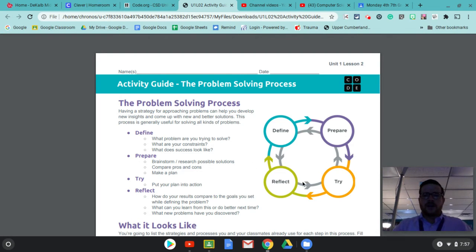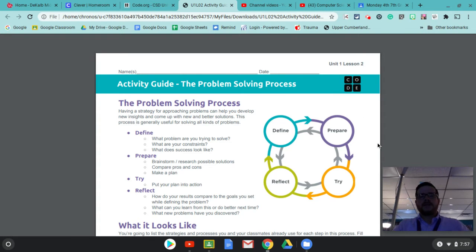There was a really good example down here at DMS, when Miss Puckett and Miss Fouch were trying to figure out how to feed 500 people in the world of COVID with social distancing. So obviously they defined that problem. How do we feed students and keep them safe?